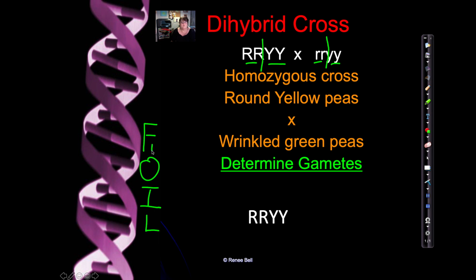So we're going to have FOIL first. When we do first, we're looking at the first R and the first Y. You can see big R, big Y, and the first gamete would be big R, big Y. Then the second gamete, we're going to do the two outside letters, so the outside R here and this Y here.